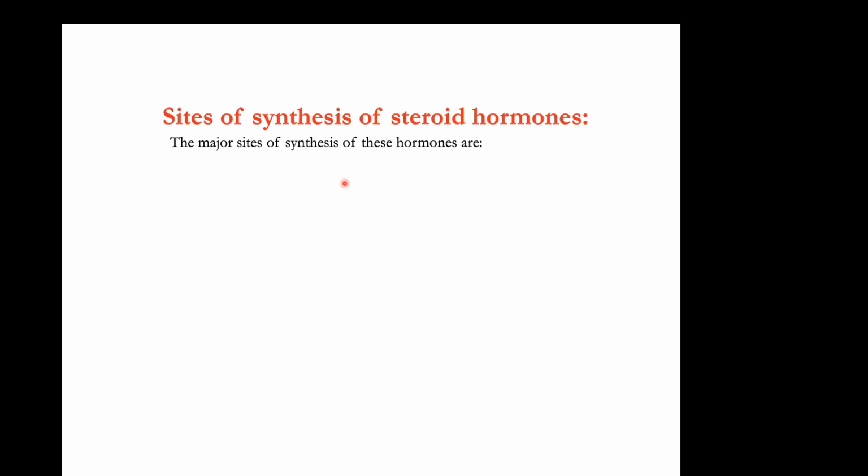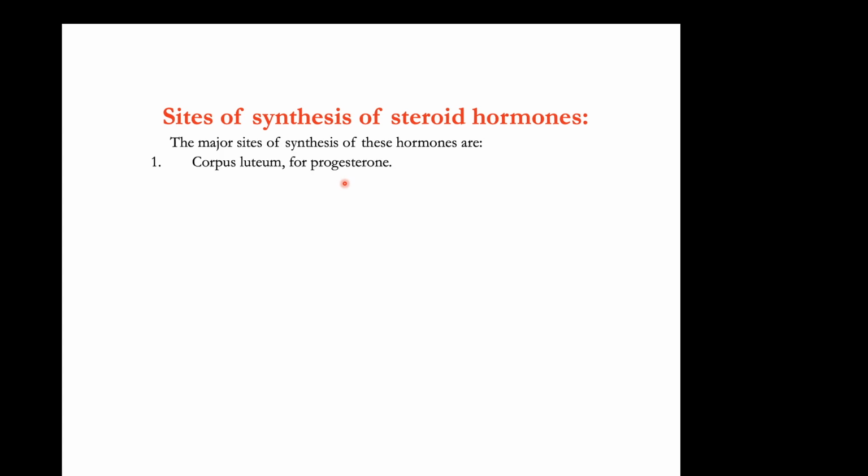Some of these hormones are synthesized at certain specific locations in the body. However, all of these hormones can be synthesized in other places as well. Approximately all hormones are synthesized in the adrenal cortex, but there are certain organs that produce these hormones in high quantity, which we can call the major site of synthesis.